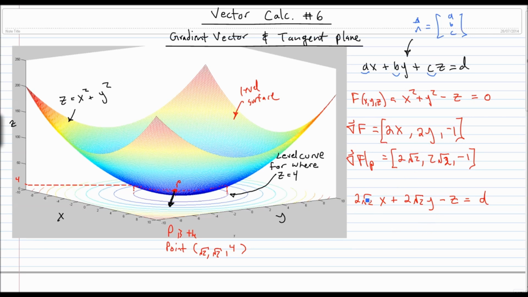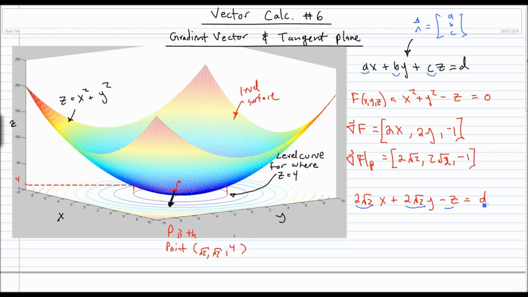So that's what I'm saying here, that these coefficients are the components of a normal vector, and because of the definition of a gradient vector, since the gradient vector is perpendicular to this particular surface at this particular point P, then these coefficients are going to be the components of a vector that is perpendicular to the surface. Okay, so we're almost there.